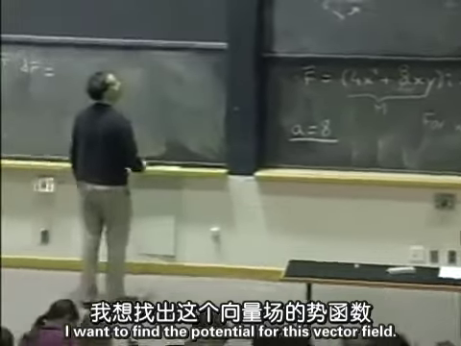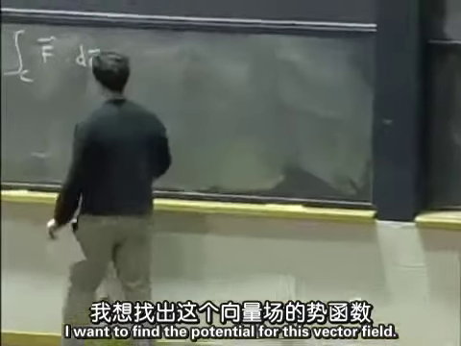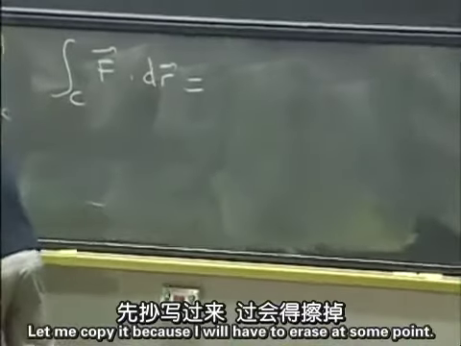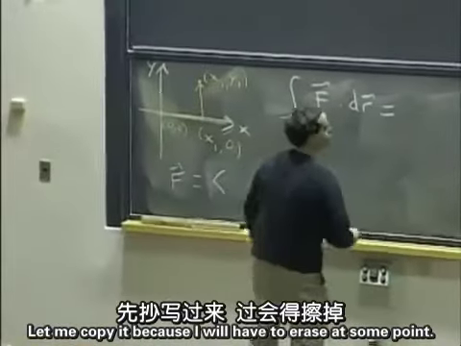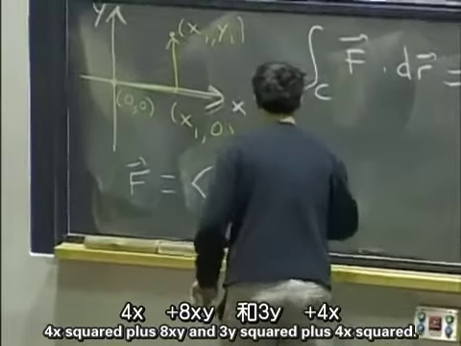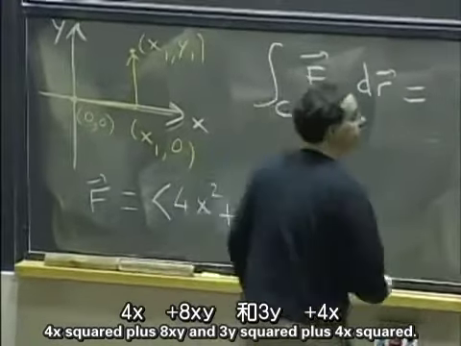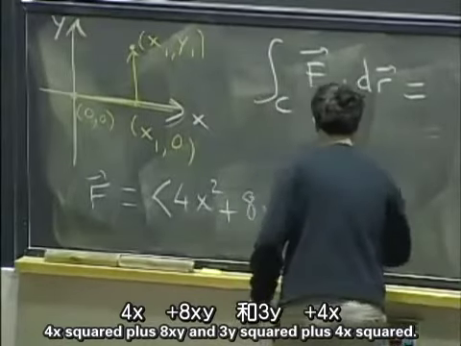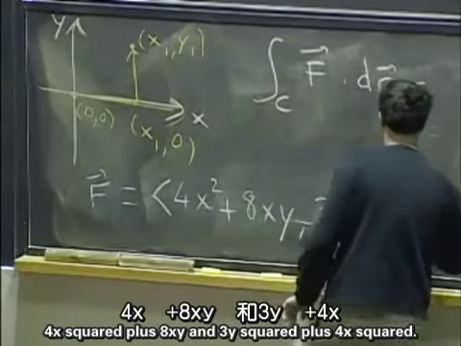So here, let me copy it because I'll have to erase at some point. So it's 4x squared plus 8xy and 3y squared plus 4x squared.